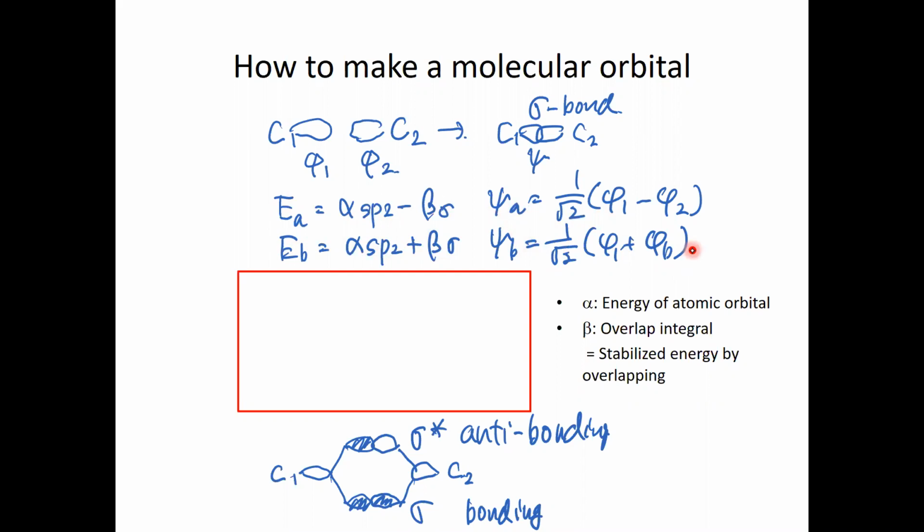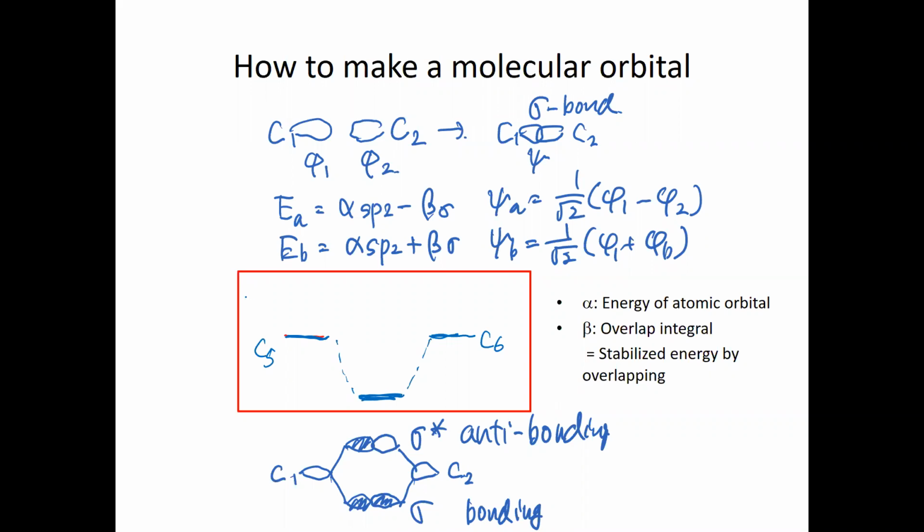And what you can know for these is, you have the fifth carbon C5 and C6. By making a bond, one of the molecular orbital energies is lower than the original.